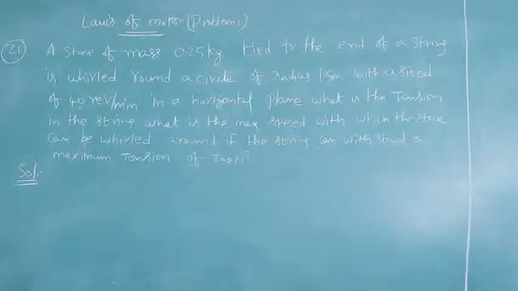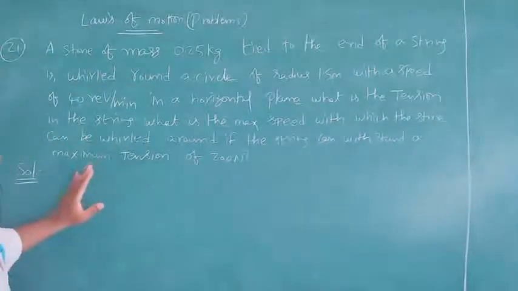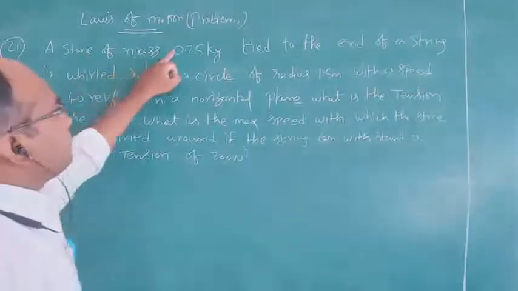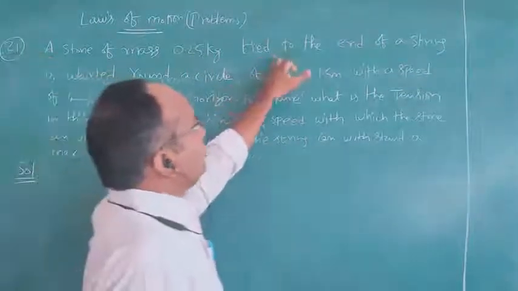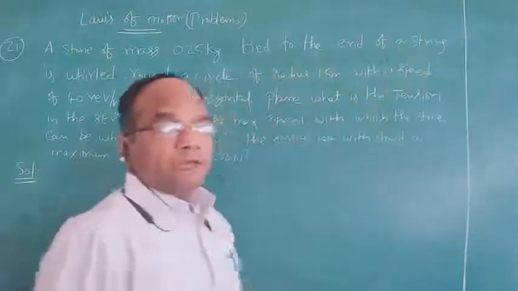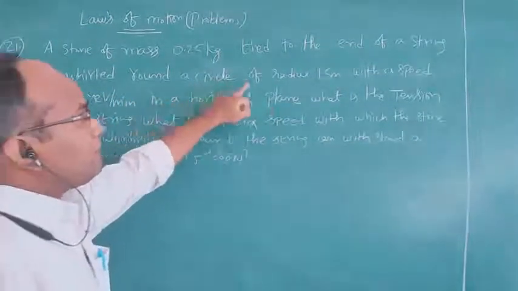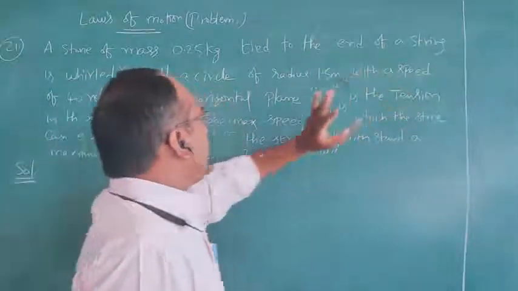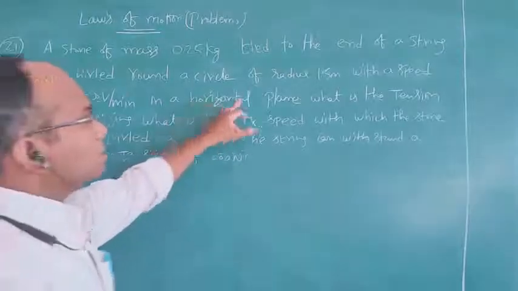Now, laws of motion problems. Yesterday, up to the 20th problem is completed. Now the 21st problem. A stone of mass 0.25 kilogram tied to the end of a string is wound around a circle of radius 1.5 meter with the speed of 40 revolutions per minute in a horizontal plane.